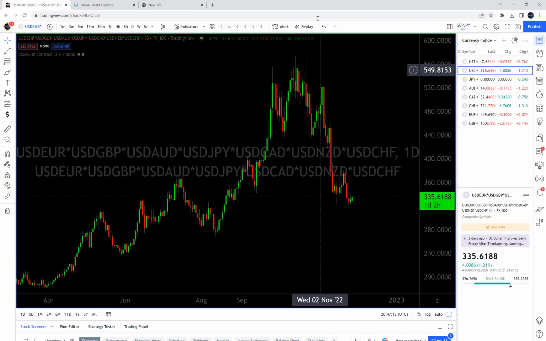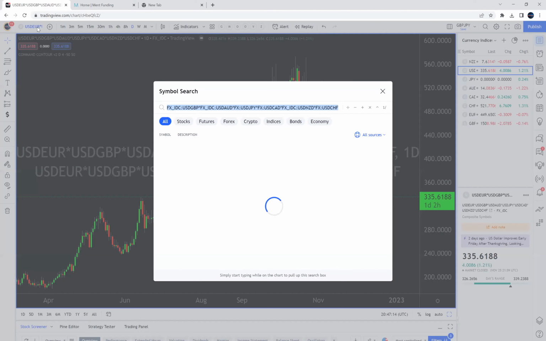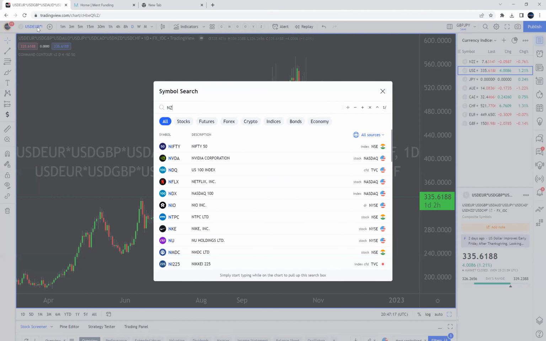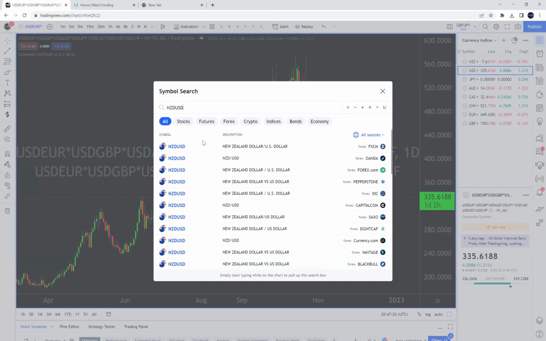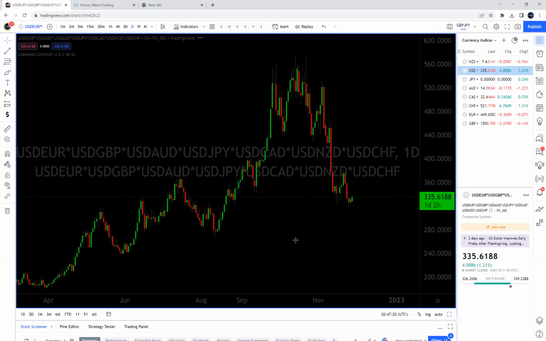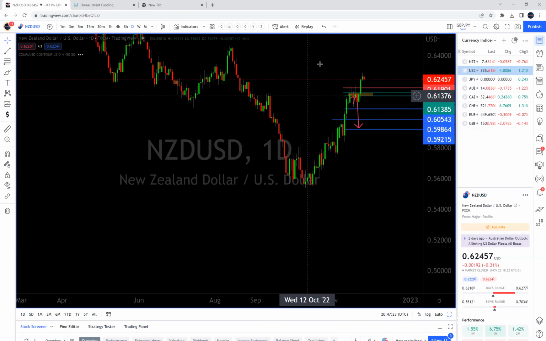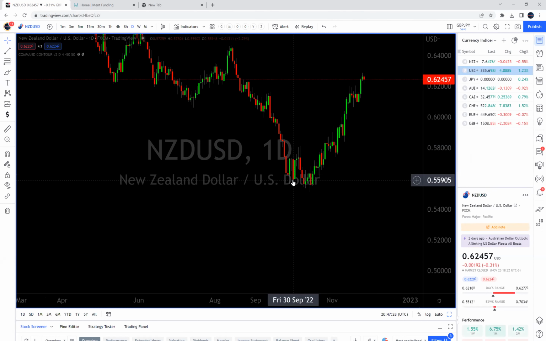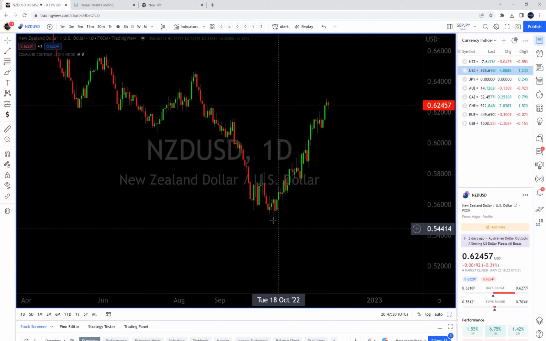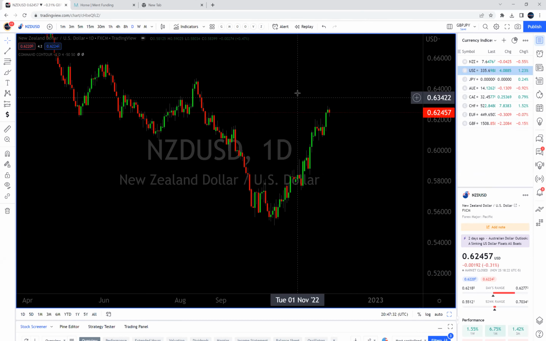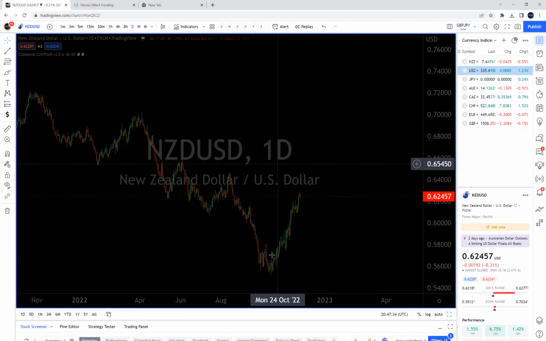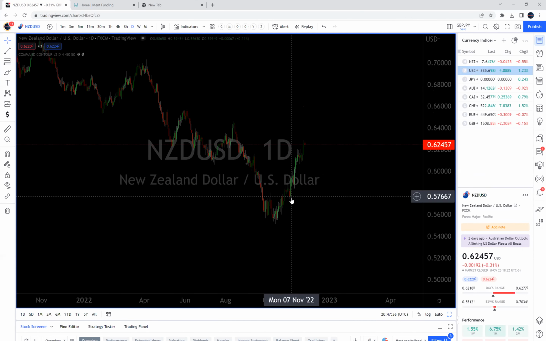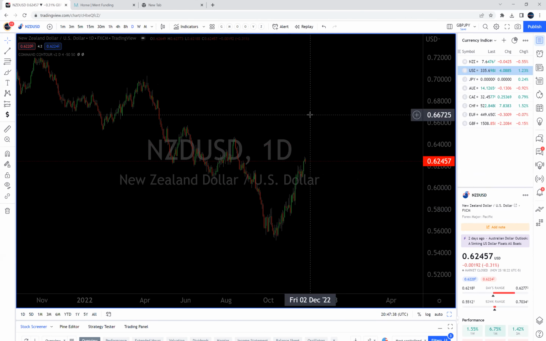So if we go to the NZD USD here, we should see that it was buying. That was buying. We didn't look at our indexes there, but there we go. It was buying, based off of the NZD getting stronger and the USD getting weaker.